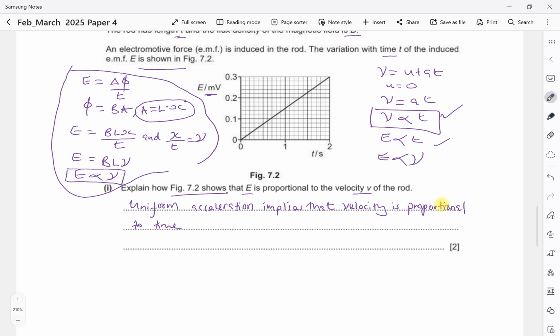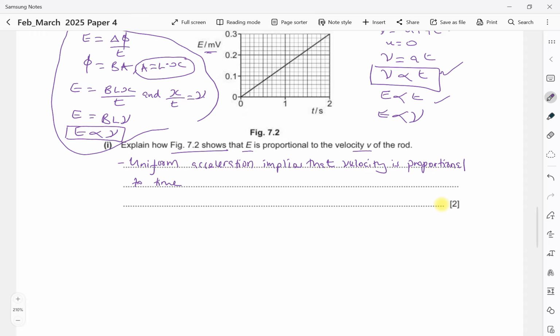So because there's uniform acceleration, equations of motion apply, initial velocity is 0, so V is directly proportional to time. And then the figure shows that E is directly proportional to time.